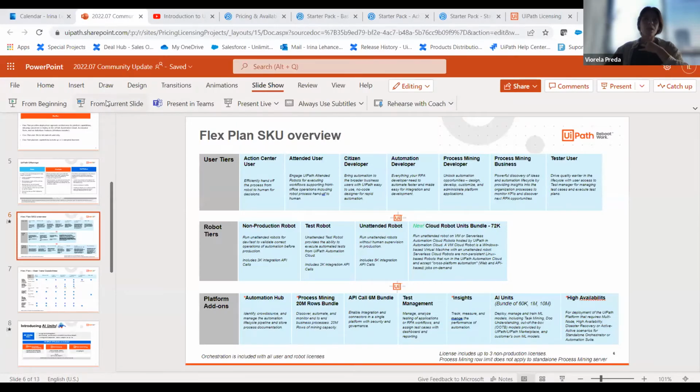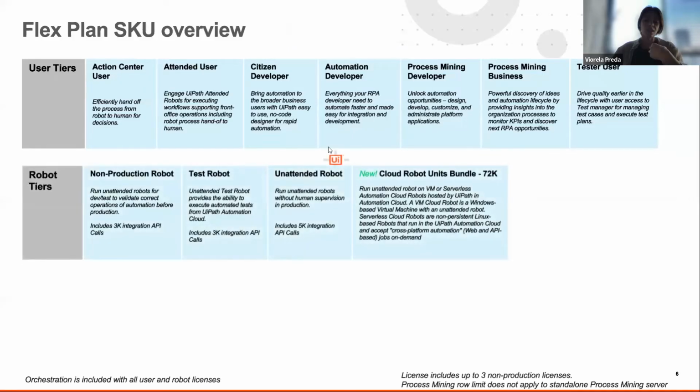Also, with this new named user licensing paradigm, and with some licensing functionalities that we released, I think, 2 years ago, if I remember well, we tried also to get the user licenses out of the orchestrator tenant.